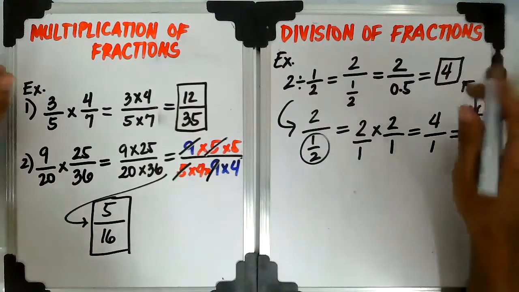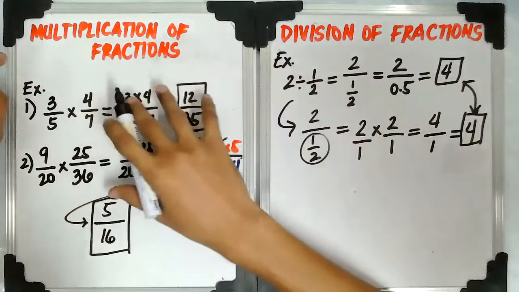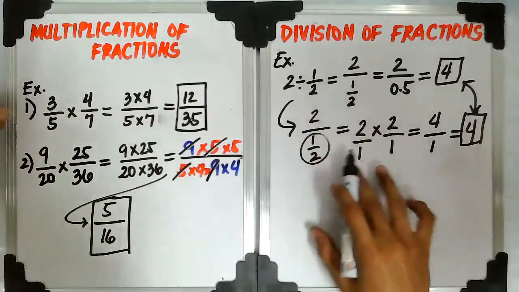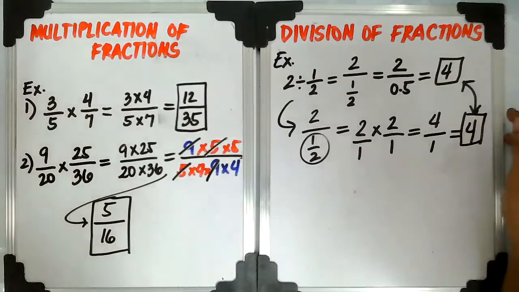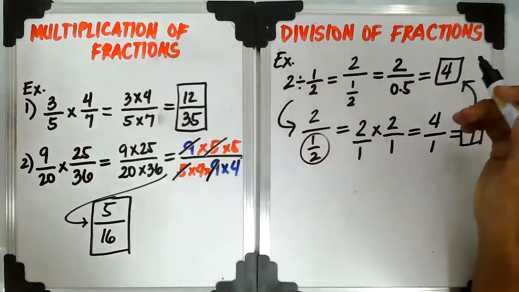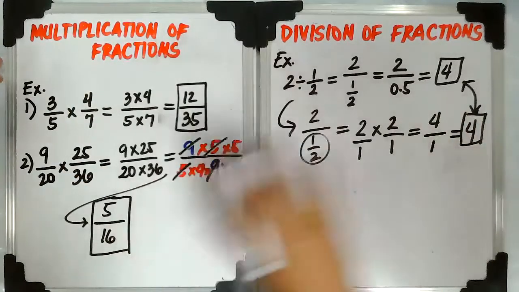Now, if you notice, the concept of the division of fractions is also the same as multiplication. You're just getting the reciprocal of your divisor and proceeding with the operation of multiplication. It is because multiplication and division have a relationship, and it is because they are inverse operations. All right?